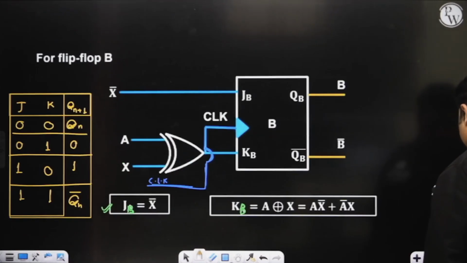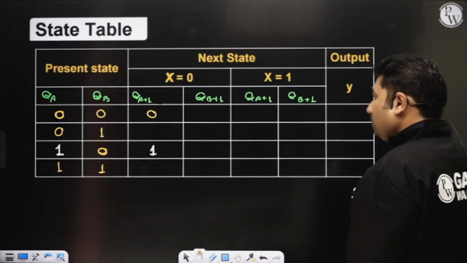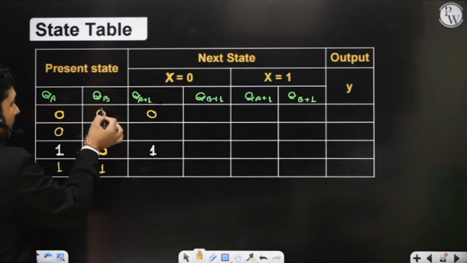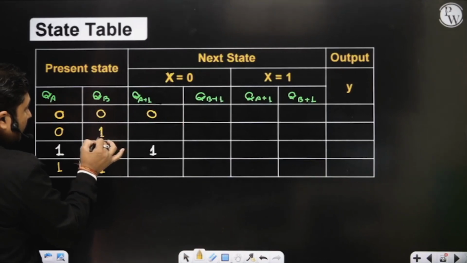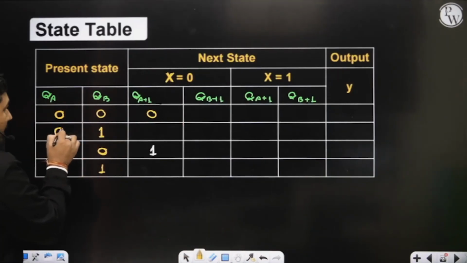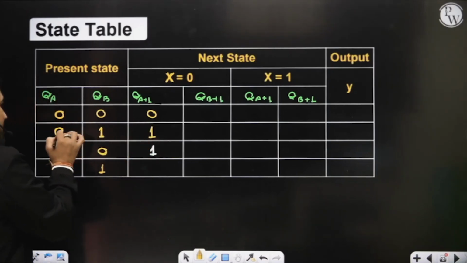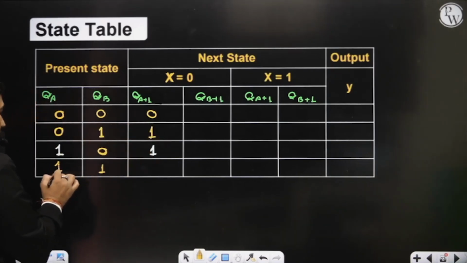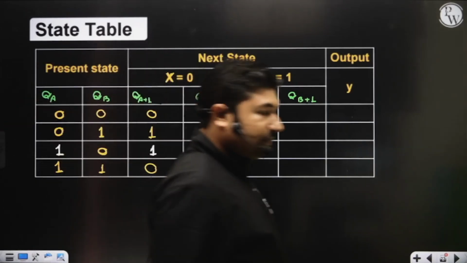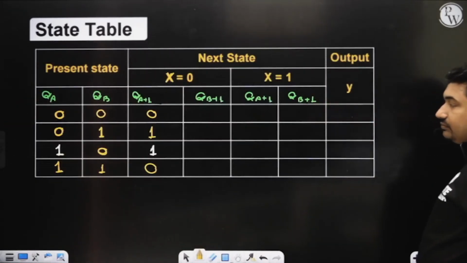Toggle mode means if QA is 0, it toggles to 1; if QA is 1, it toggles to 0. This is how we can fill the table.